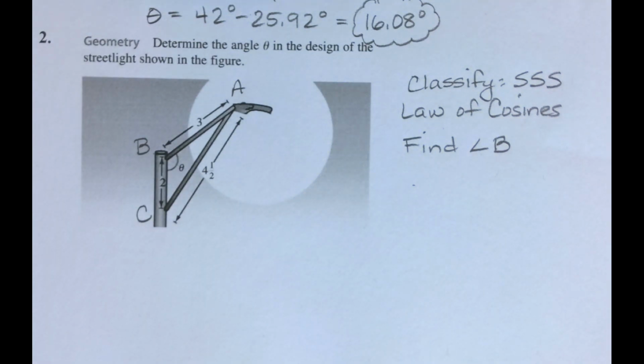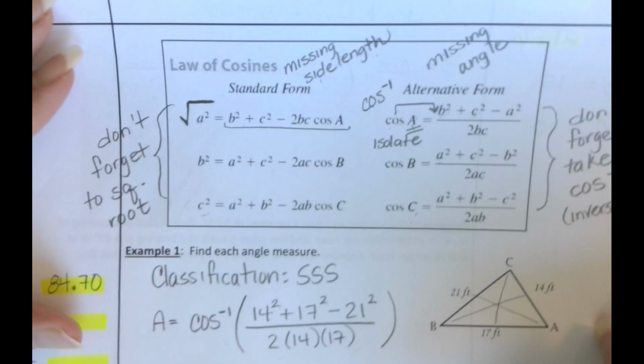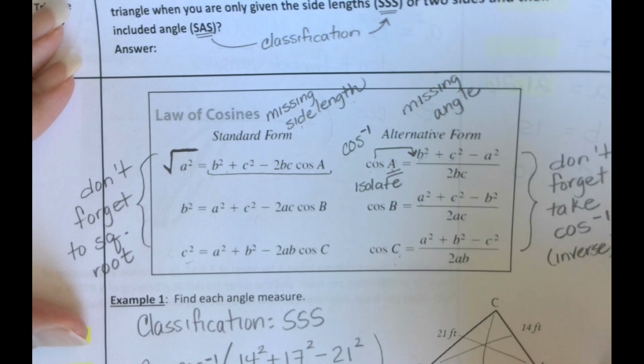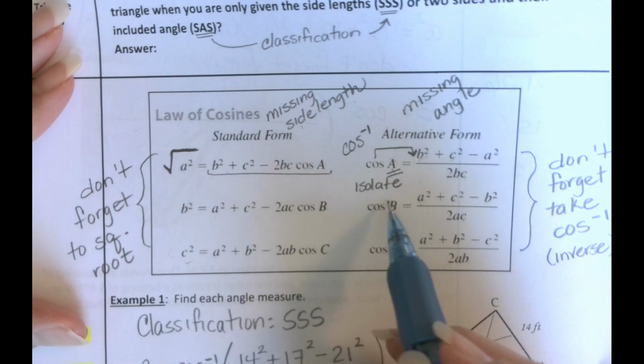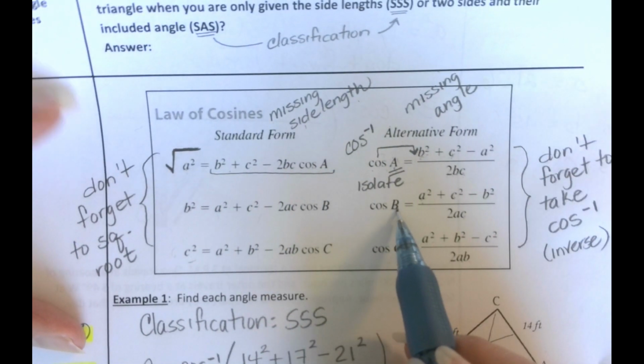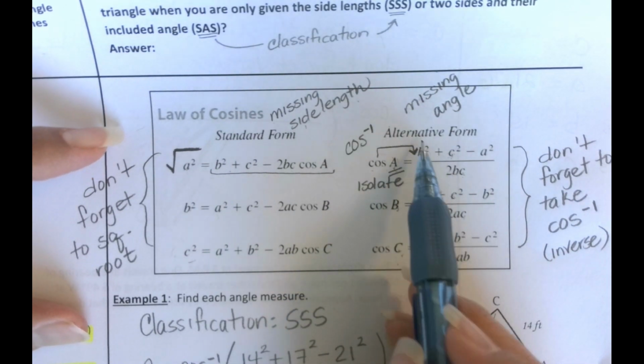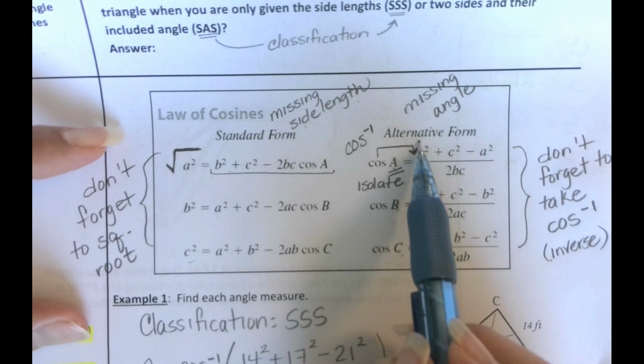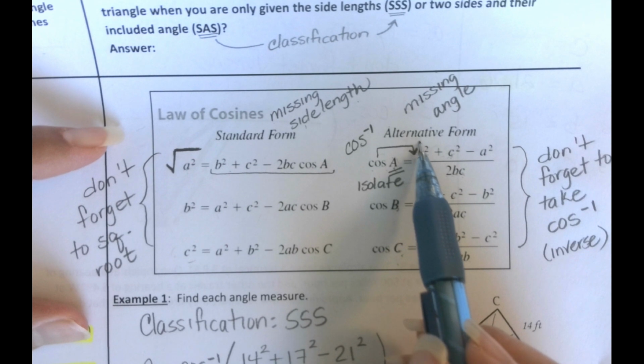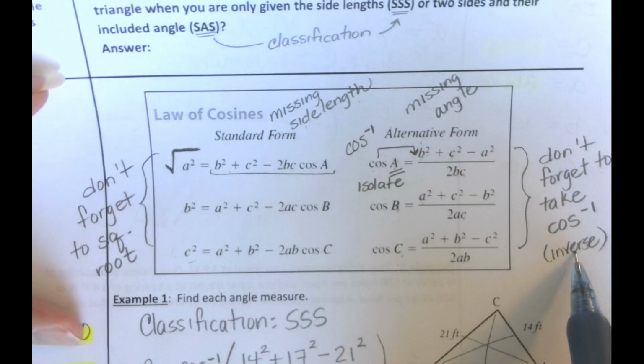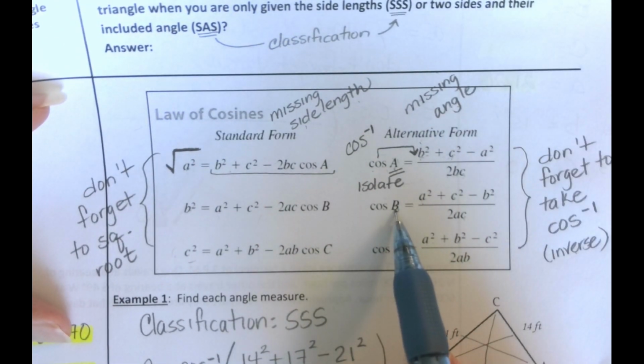So law of cosines. Again, you will be provided with formulas, but I'm going to come over here and provide what you have from your note-taking guide. So the angle B formula is going to be this one right here, the capital B. And do not forget, with the alternative form, you are always going to take the cosine inverse to isolate that capital B, okay?